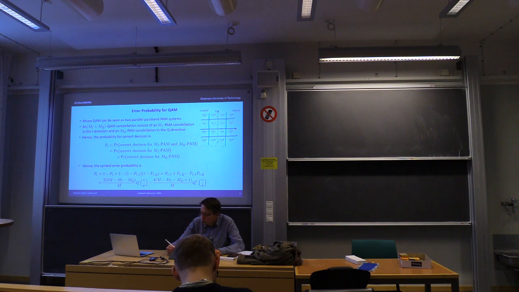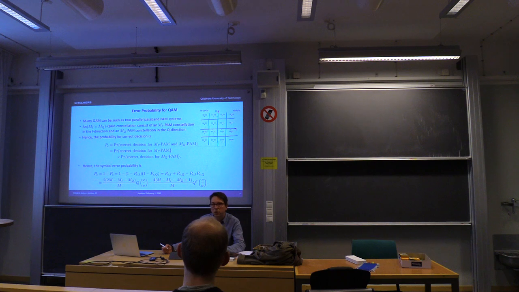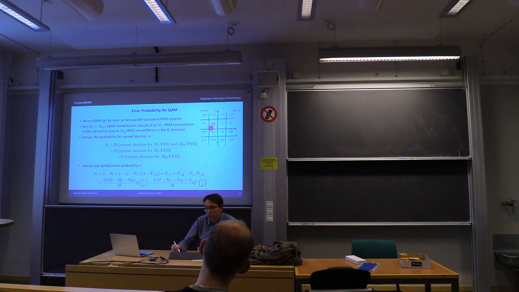Well, maybe I should draw this as green here also. So these are the decision regions. So if this signal is transmitted, we make a correct decision if we end up in this region, right? And to end up in this region means that we are to the right of this boundary and to the left of this boundary, which is then determined by the PAM along this axis.